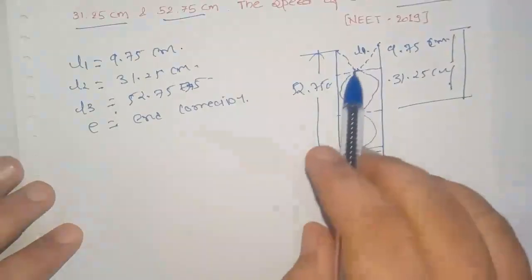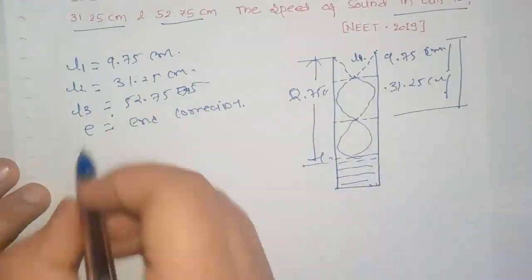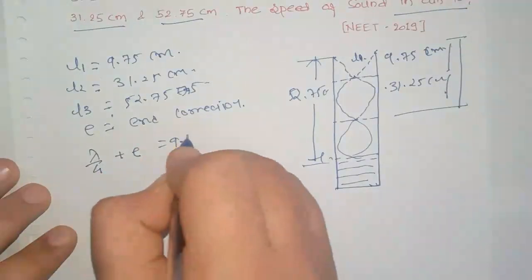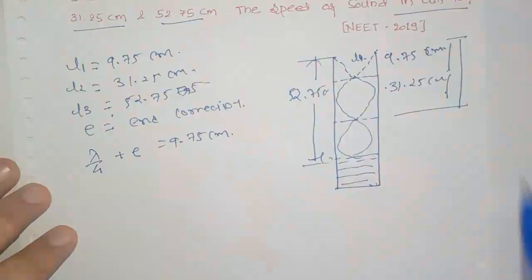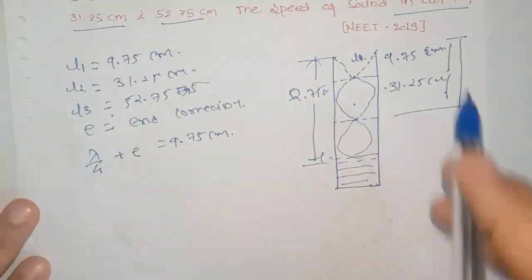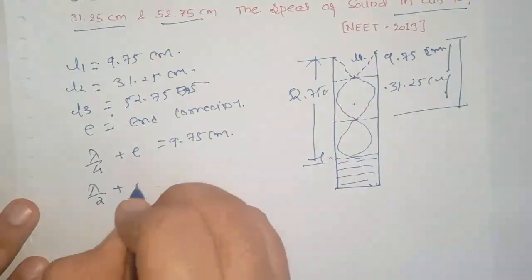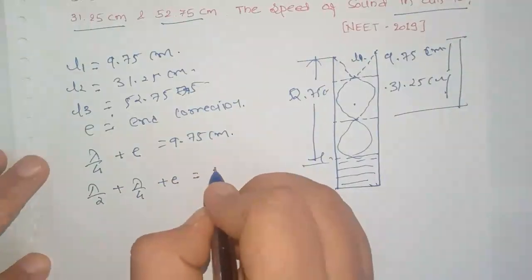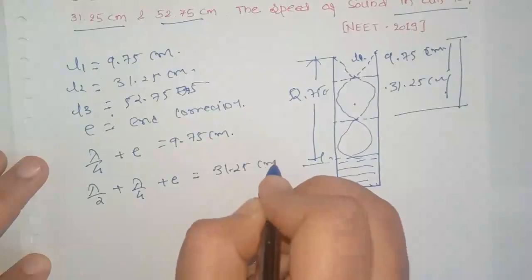So for the first case, we can write lambda by 4 plus E is equals to 9.75 centimeter. For the second case, we can write lambda by 2 plus lambda by 4 plus E is equals to 31.25 centimeter.